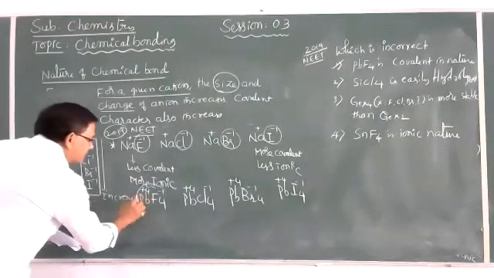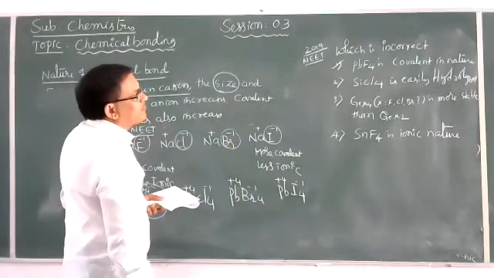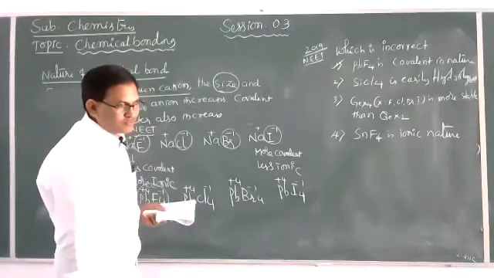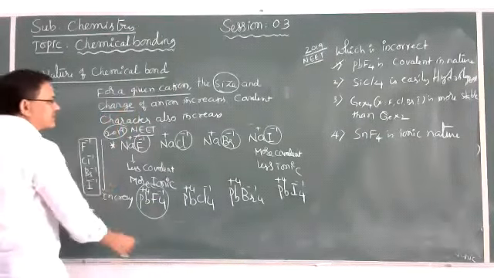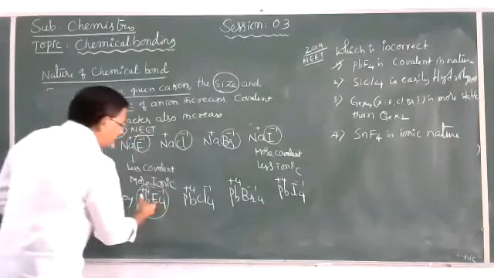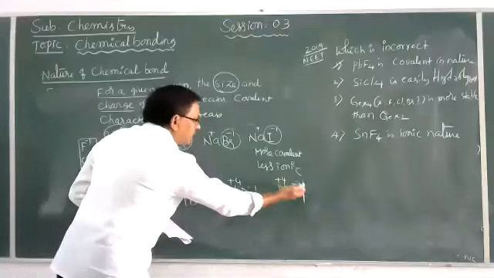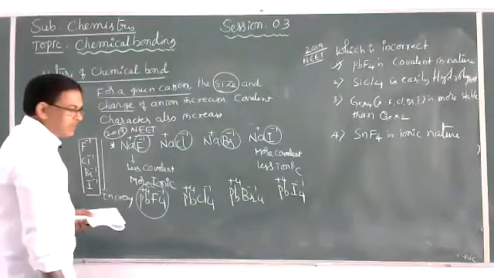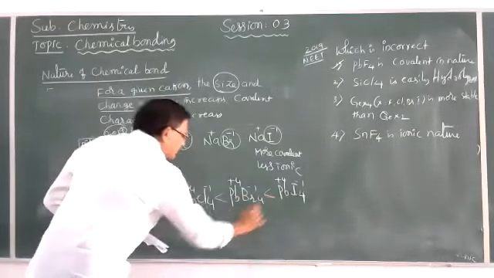Now, the given statement is PbF4 is covalent in nature. But according to the rule, compared to the fluoride ion, the iodide ion size is more, so covalent character is more. That's why the increasing order of their covalent nature is like this.